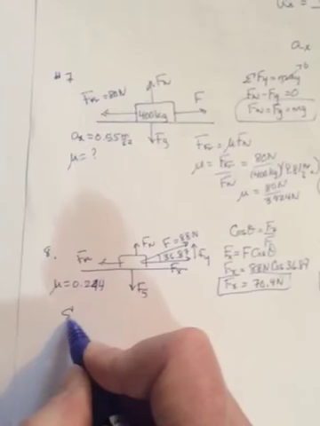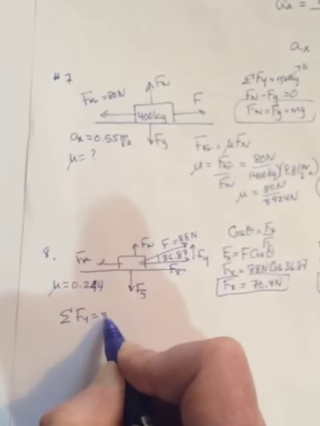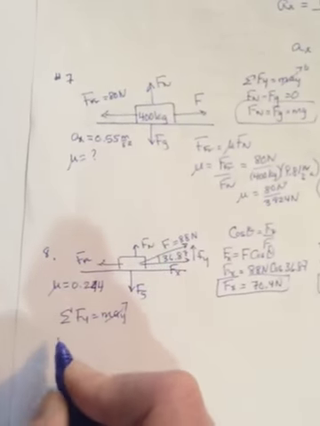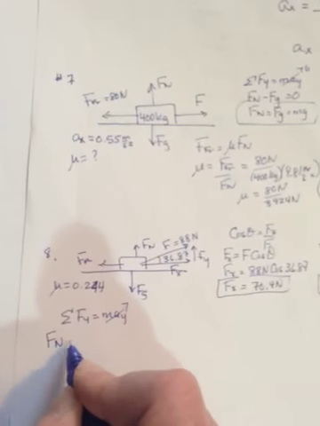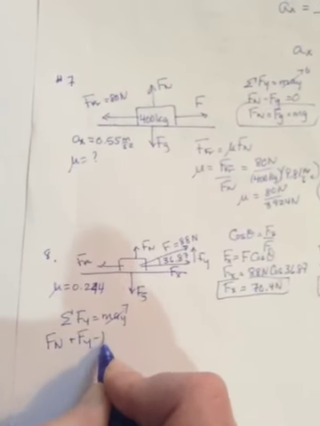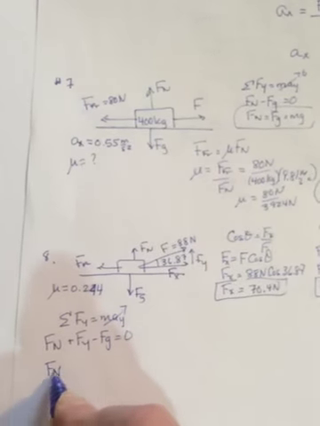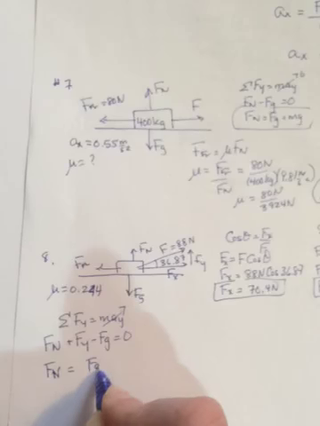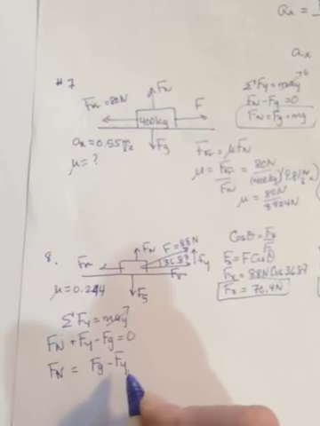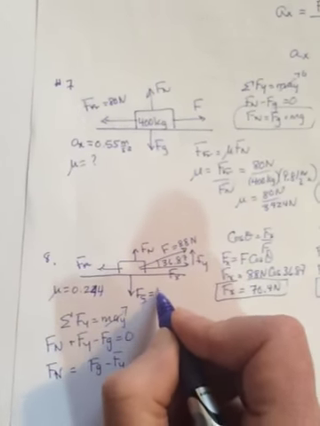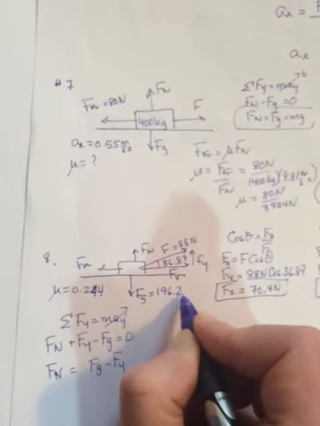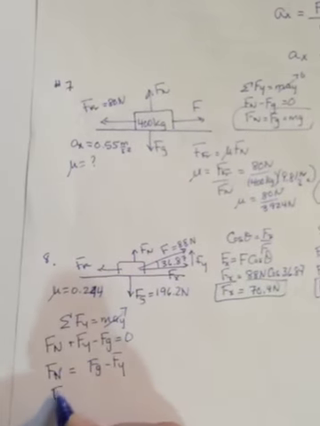So we go to the sum of the forces in the y direction. It's not moving in the y. So we have Fn going up, Fy going up, Fg going down. Fn then is equal to Fg minus Fy. Oh, and it tells us it is a 196.2 newton box, so it tells us Fg.